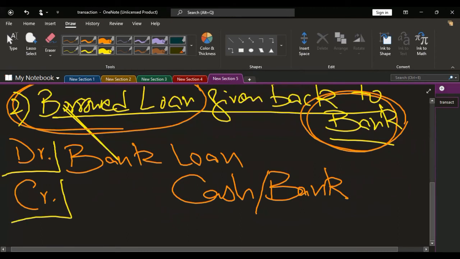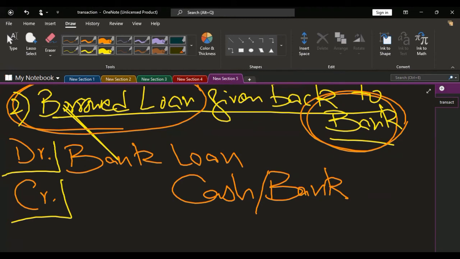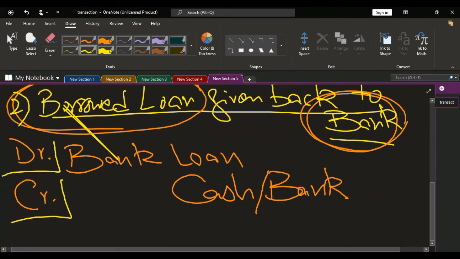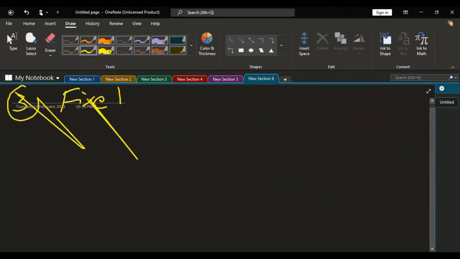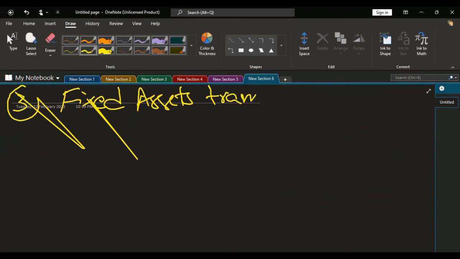Okay, these are two examples of loan transactions. Now move to the third category, that is fixed asset transactions.